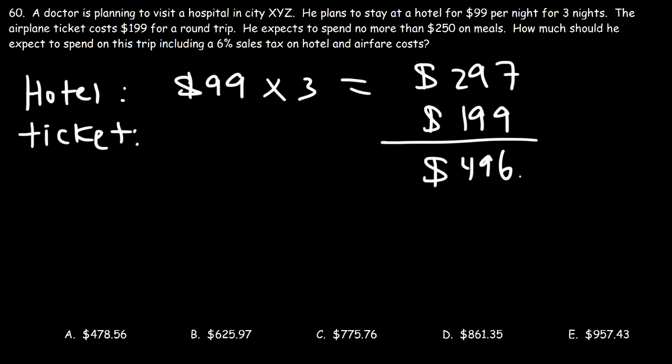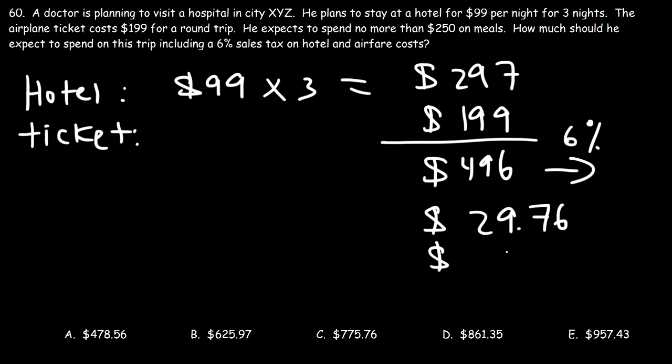Now he's going to spend 6% on sales tax for the hotel and the ticket expenses. So 6% of $496, that's going to be $496 times 0.06. And so that's going to be $29.76.